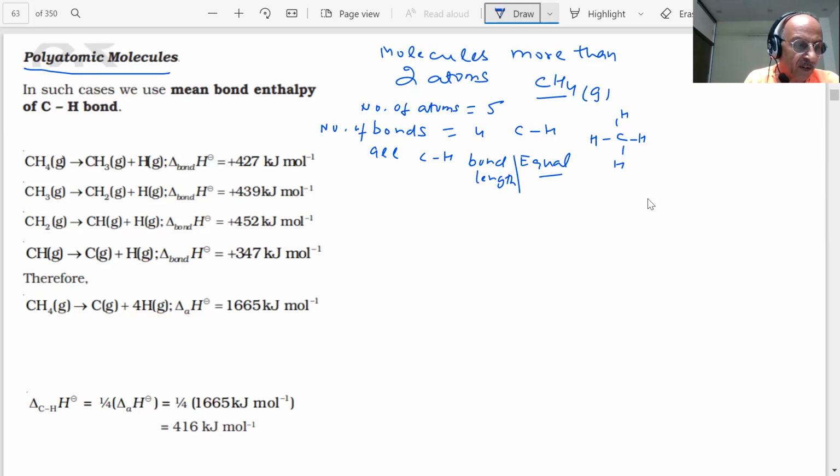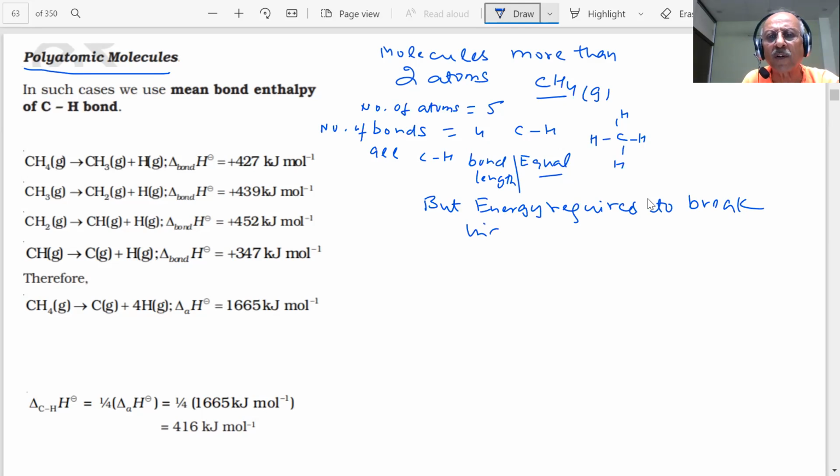But when I break it, what will happen? The energy required to break individual bonds is different. All the 4 bonds are not breaking at the same time.